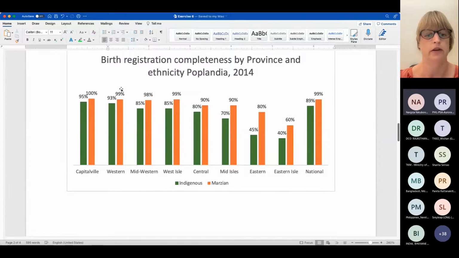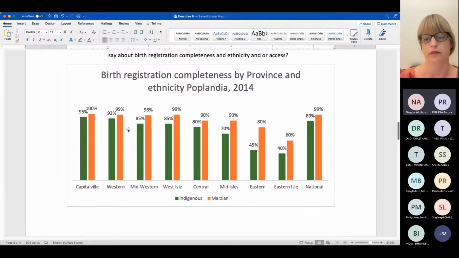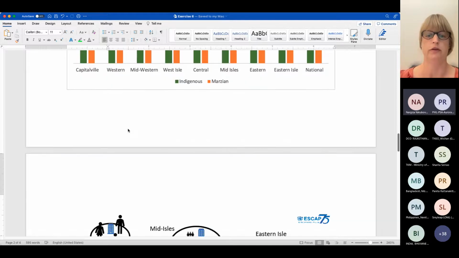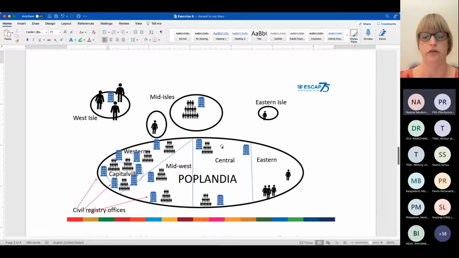Marzian is nearly complete and Indigenous is a little bit lower. So this again tells us there's probably some kind of cultural factor playing into why there are lower rates of registration, and we would need to address that. At this point in time, we don't know exactly what it is. We might need to do further research. But what we do know is that it's not purely an access issue. There's something else going on as well.